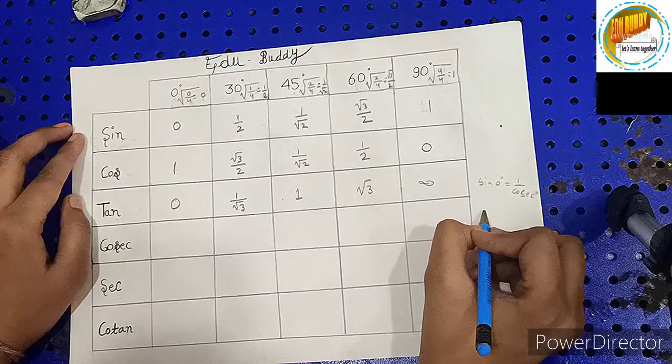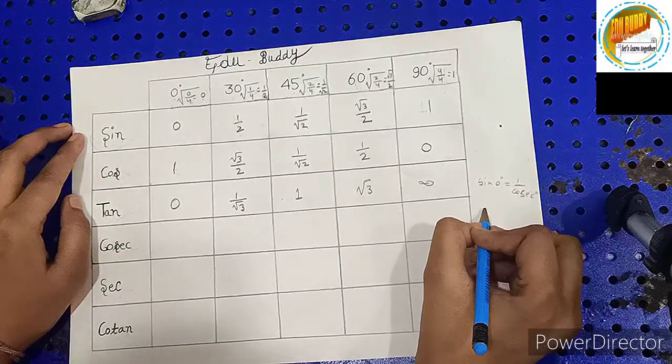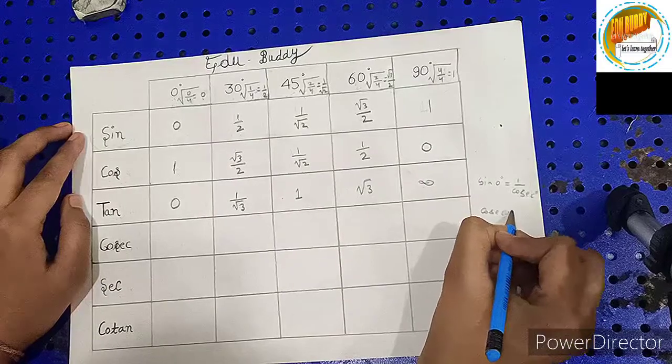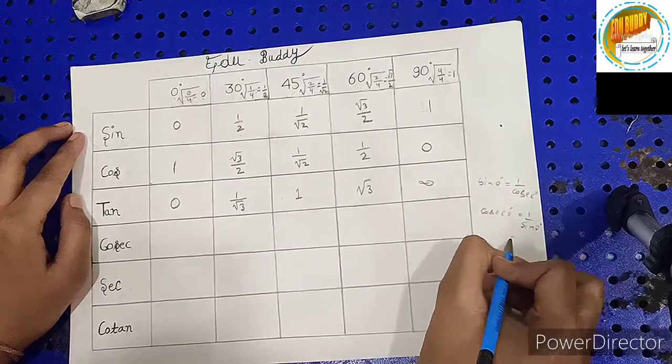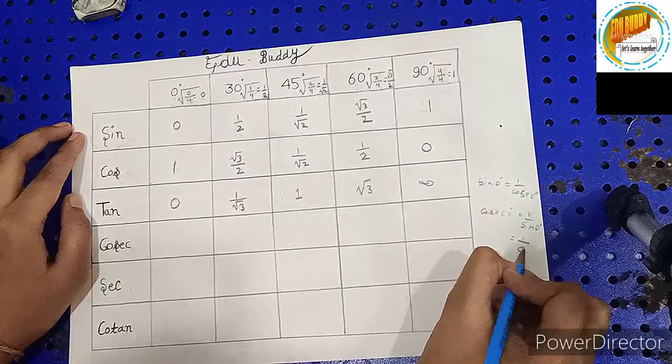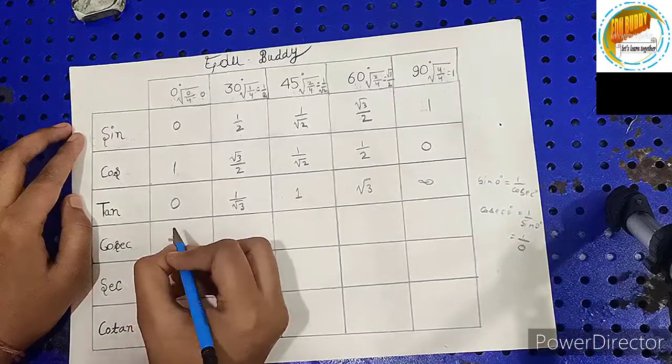It means cosecant 0 degree is equal to 1 by sine 0 degree. 1 by 0 is infinity.